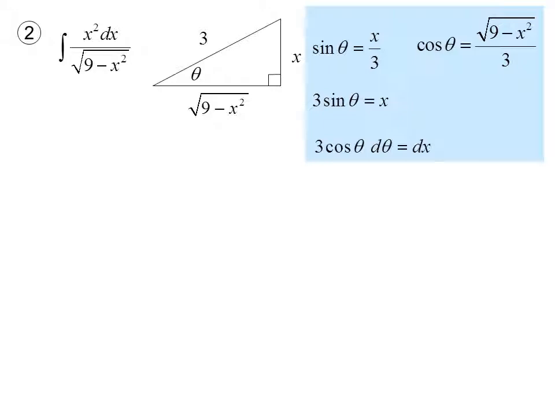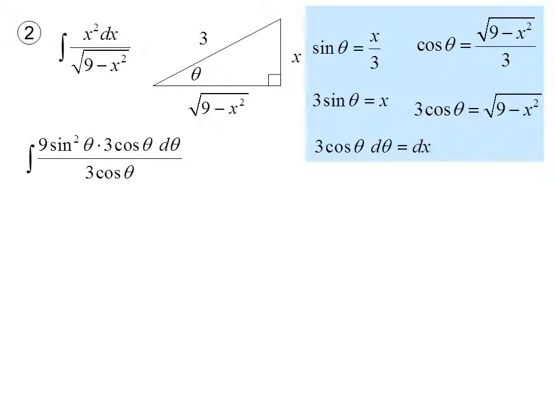Cosine theta equals radical 9 minus x squared over 3. 3 cosine theta equals radical 9 minus x squared. Substituting, we get the integral of 9 sine squared theta times 3 cosine theta d theta over 3 cosine theta.